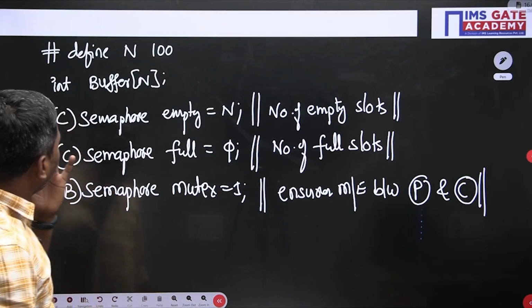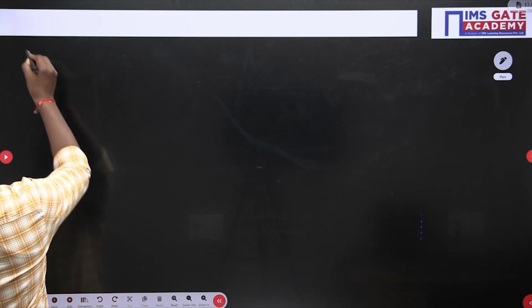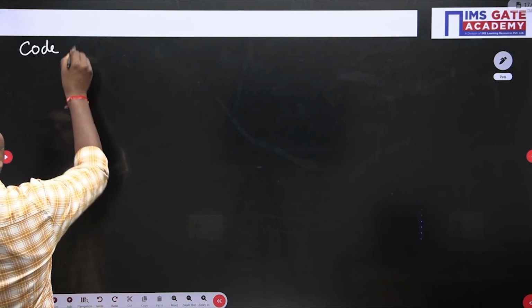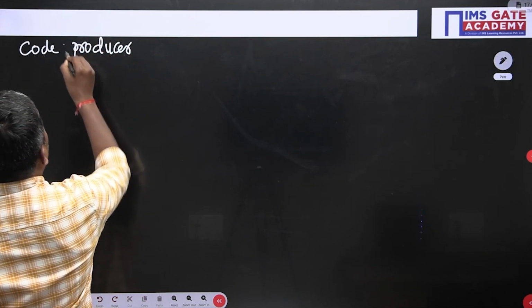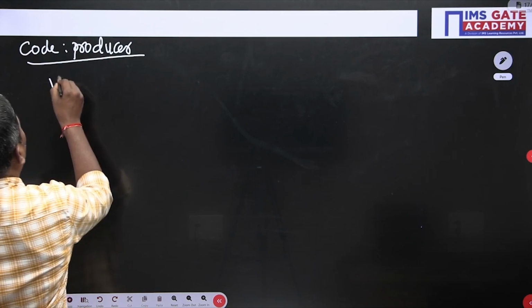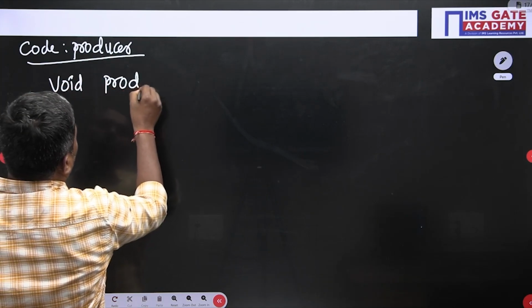These are the declarations. Now see the code for the producer. It is void producer, which does not return anything.